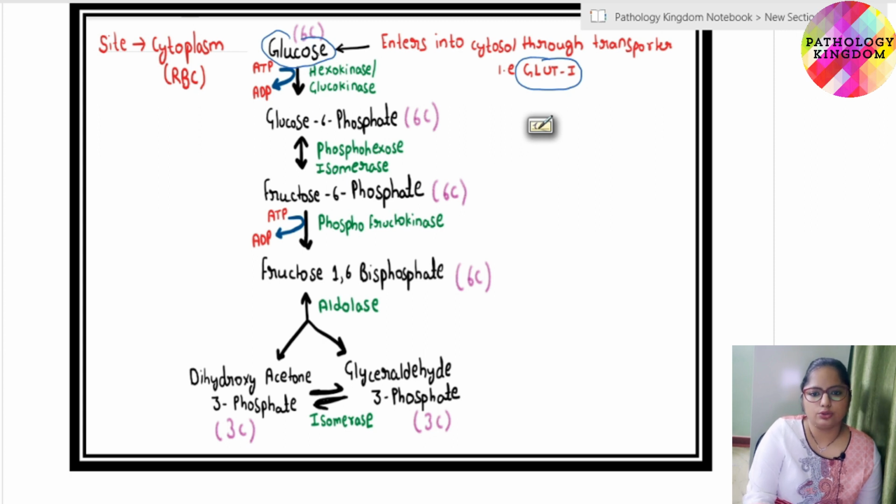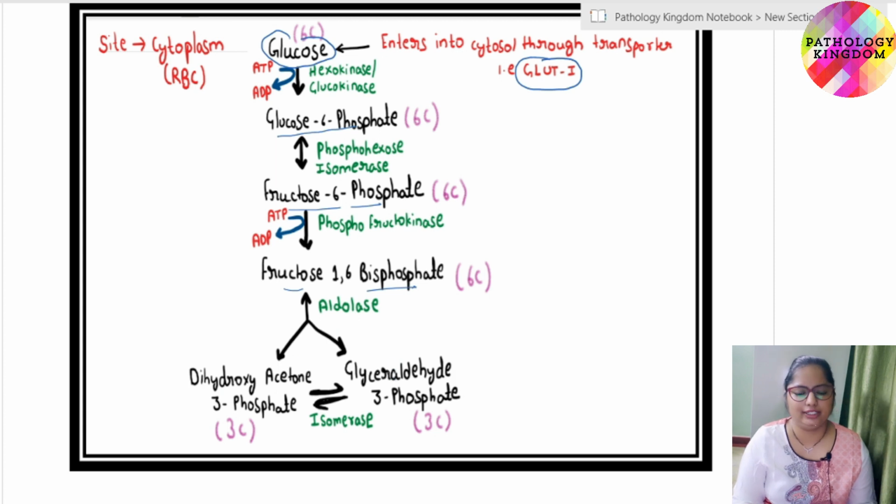Now this glucose is converted into glucose 6-phosphate with the help of an enzyme. Glucose 6-phosphate is converted into fructose 6-phosphate, then fructose 1,6-bisphosphate, and then it leads to production of dihydroxyacetone 3-phosphate and glyceraldehyde 3-phosphate.